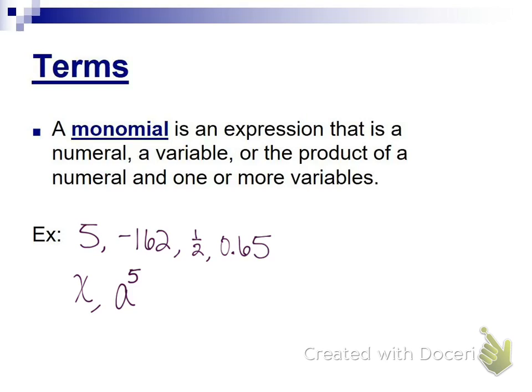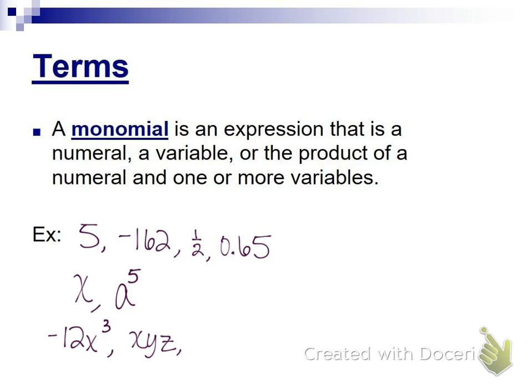Could be a product of a numeral and one or more variables. So it could be something like negative 12x cubed. That would have one variable with it. It could be something like x, y, z. Multiplying several variables all together.